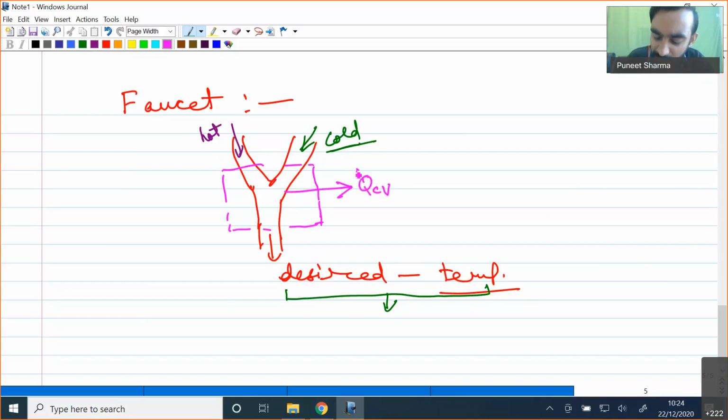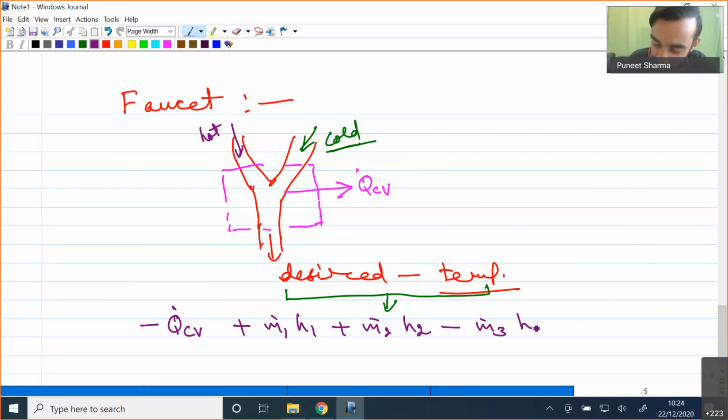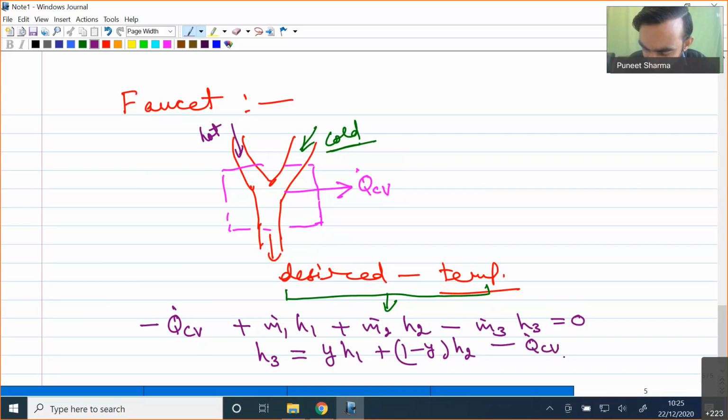If some heat loss is there, my energy equation will take the form minus Q dot CV plus m dot 1 into h1 plus m dot 2 into h2 minus m dot 3 into h3 equal to 0. And finally, I'll find that h3 will be equal to y times h1 plus (1 minus y) times h2 minus Q dot CV divided by m dot 3.